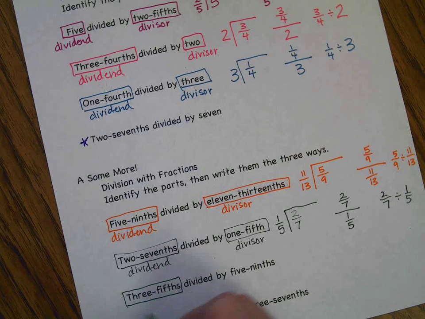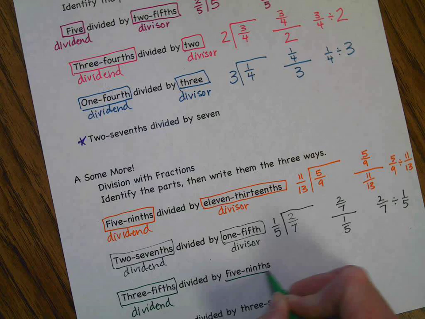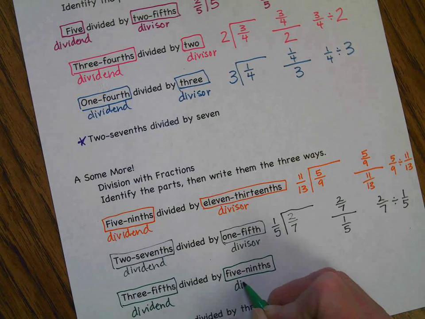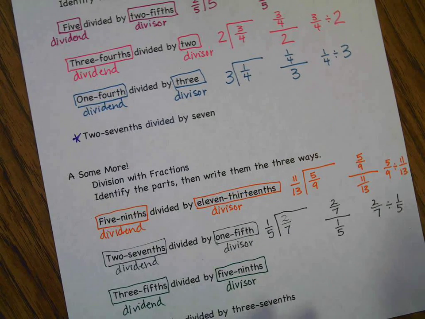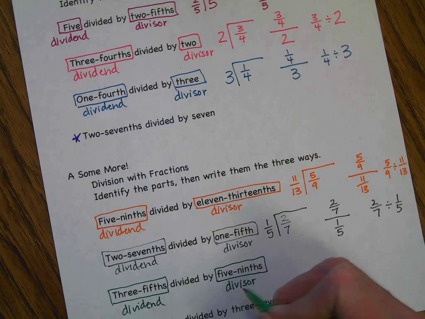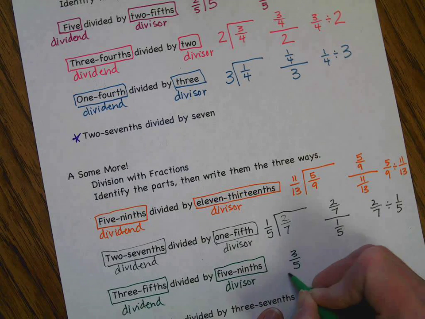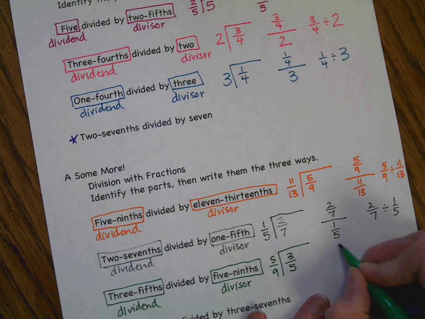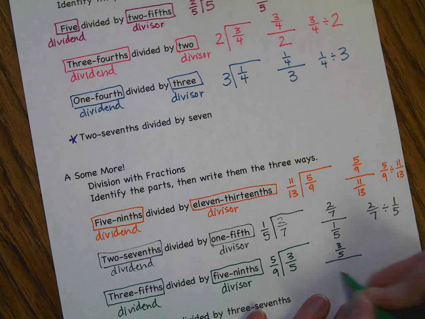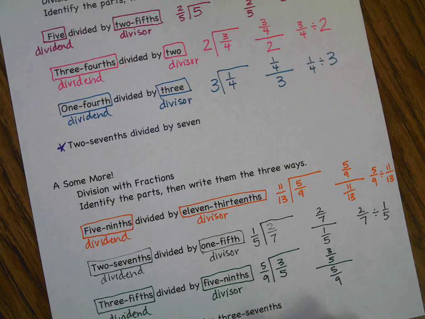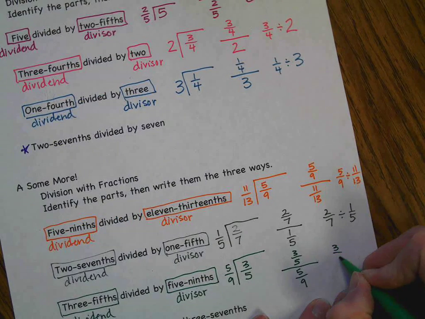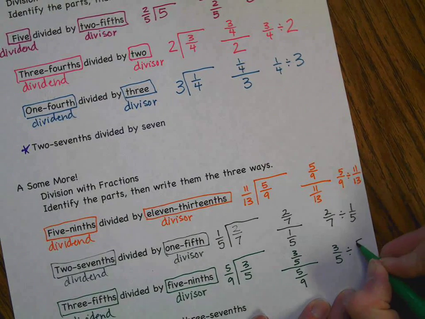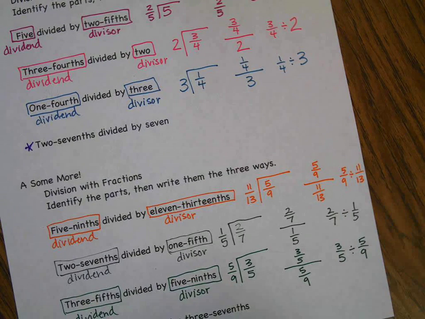Let's take a look at the next one. 3/5 is the dividend, divided by 5/9, which is the divisor. And so the 3 ways that we write it: 3/5 divided by 5/9, that's one way. 3/5 divided by 5/9, that's the second way. And 3/5 divided by 5/9 is the third way.